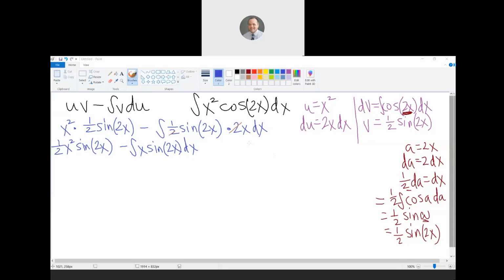All right, second go around, let's let u equal x, because that derivative is just dx. And for our dv, let's use sine of 2x.